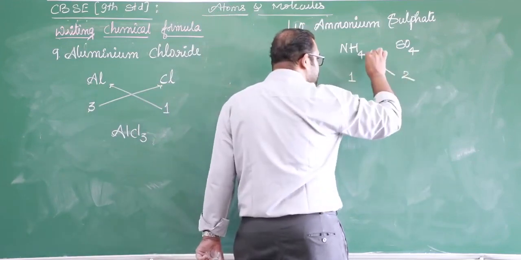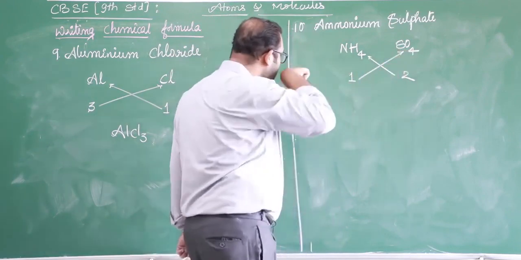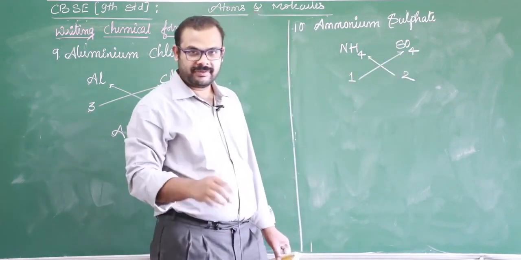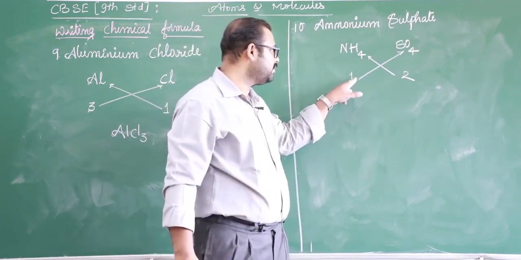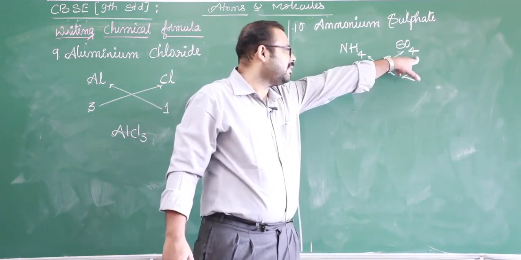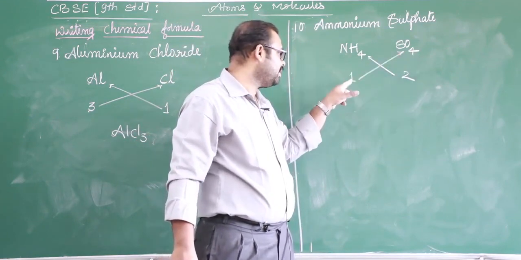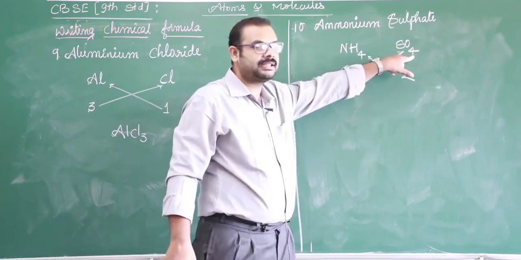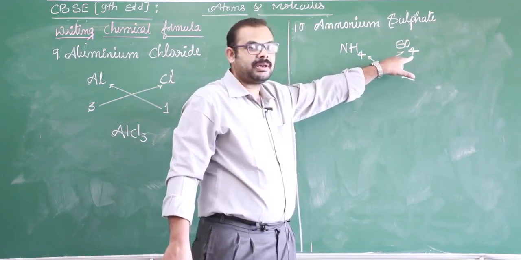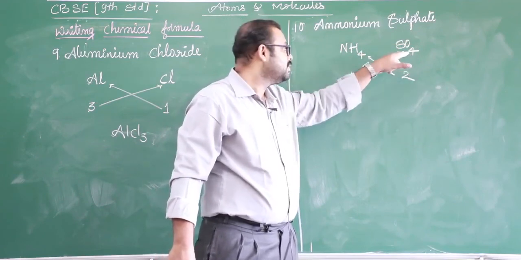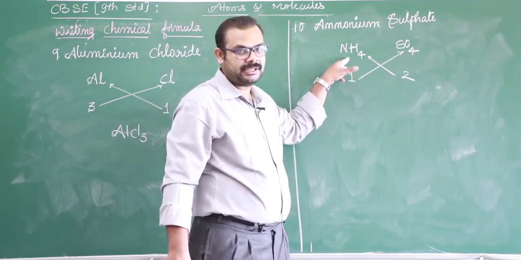Now again crossing valencies. Now look at here, where you have to put a bracket. This 1 is going at the bottom of SO4. So in that case, where the valency is going towards the other side, for polyatomic ions you need to put a bracket if it is other than 1.